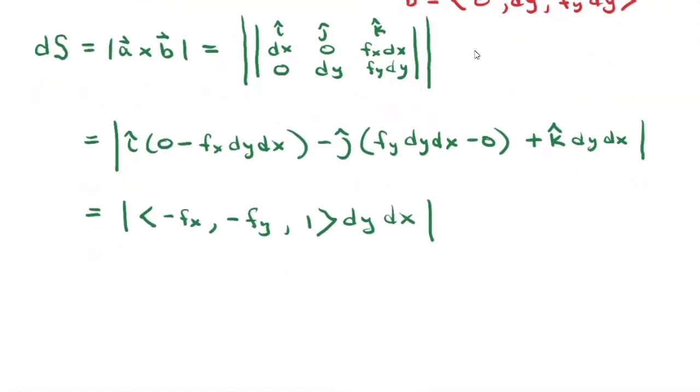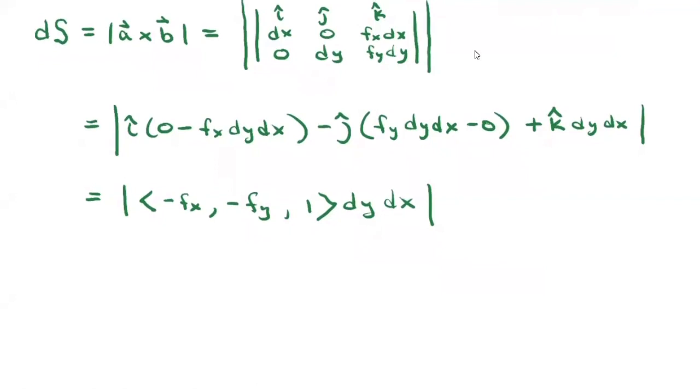Differentials are positive as long as you don't screw up the limits and put the lower limit as the upper limit, and then it comes out negative. But these will be positive if you do it right. So this is the magnitude of negative fx, negative fy, positive 1, and then just times dy dx outside.